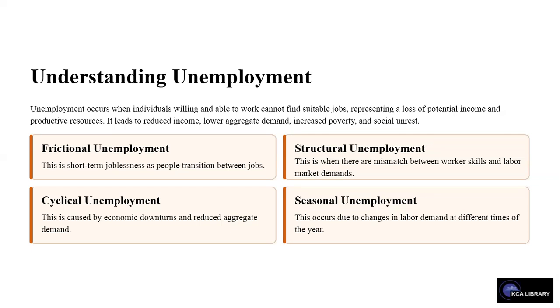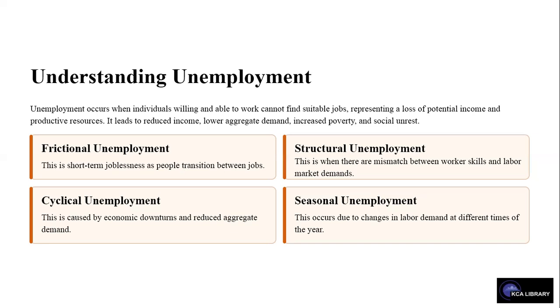As per the types of unemployment, we have frictional unemployment. Frictional unemployment is the short-term joblessness as a person transitions between jobs, a period where a person moves from one job to another.